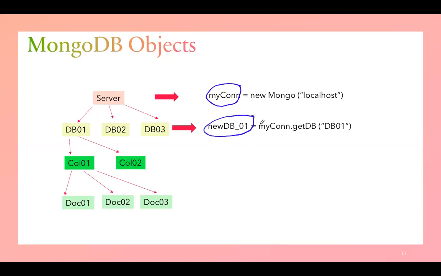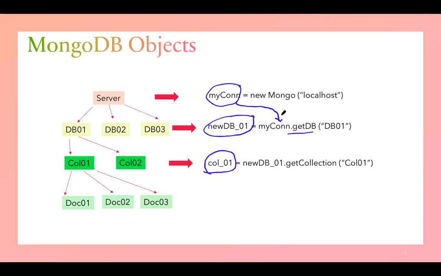This is my database object, right? If you do not use this one, that's okay, you can create the DB. This is my collection object, right? This is the collection object that I'm using. So I'm using the server connection object to get the database object, and then using the database object to get the collection object.